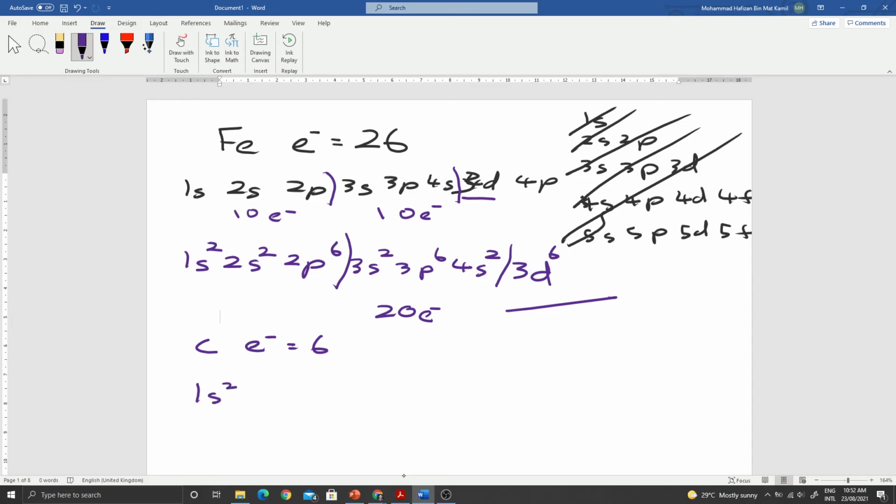Kita isilah dulu 2 electron. Tinggal lagi 4. So sampai ke the next orbital 2s, kita isi 2. Tinggal lagi 2. Isilah dekat 2p. Right? P maksimum dia 6. Tapi kita cuma ada 2. So isi je lah. So this is dia punya electronic configuration untuk carbon.